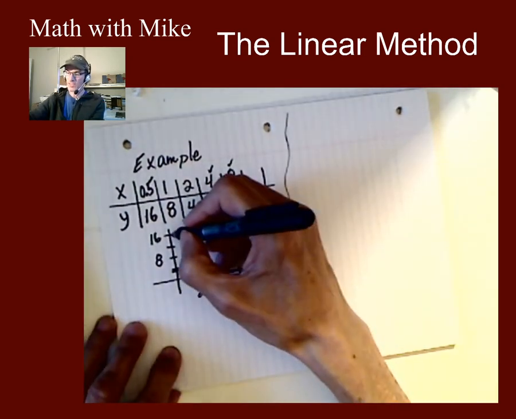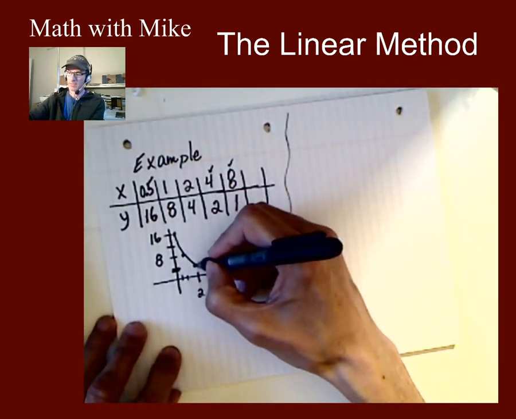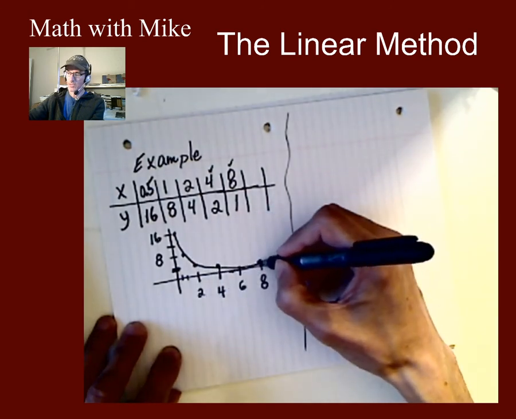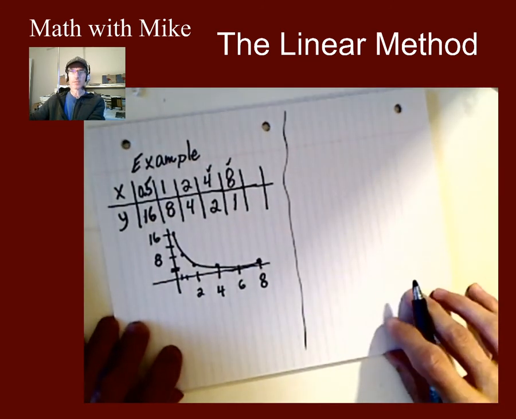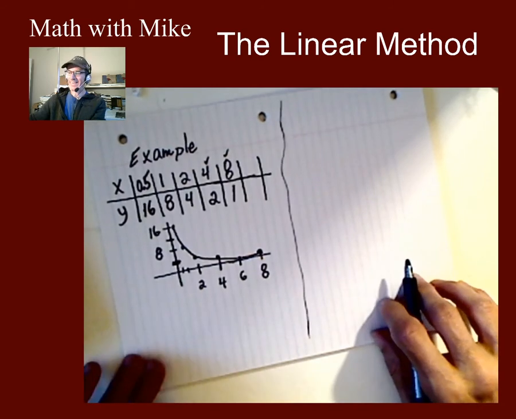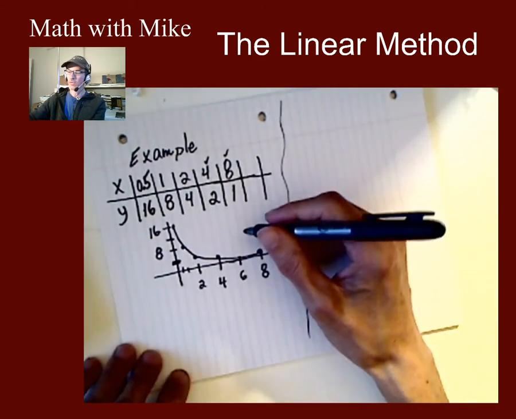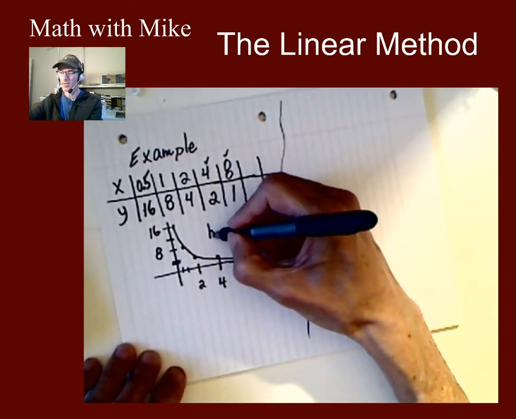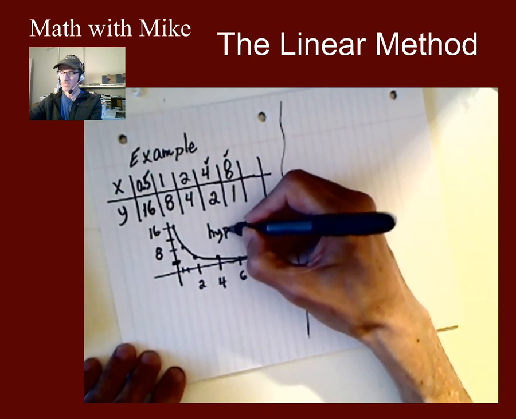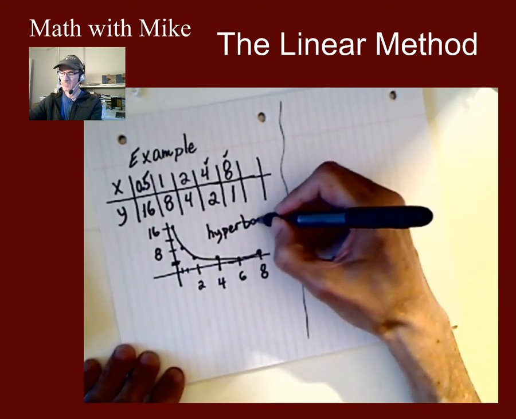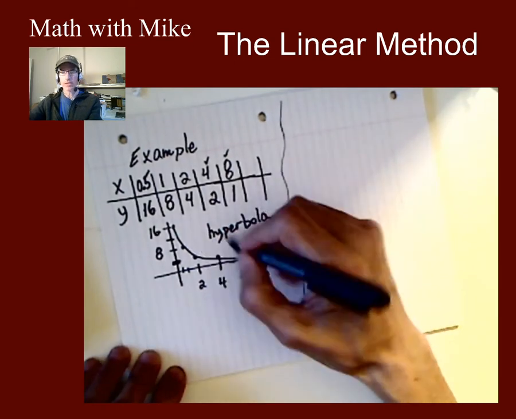So I could try and sketch it in, but you know how that can go sometimes. So we get our shape showing up like this, which has the name of hyperbola. Grade 12s, comes from the rational functions.